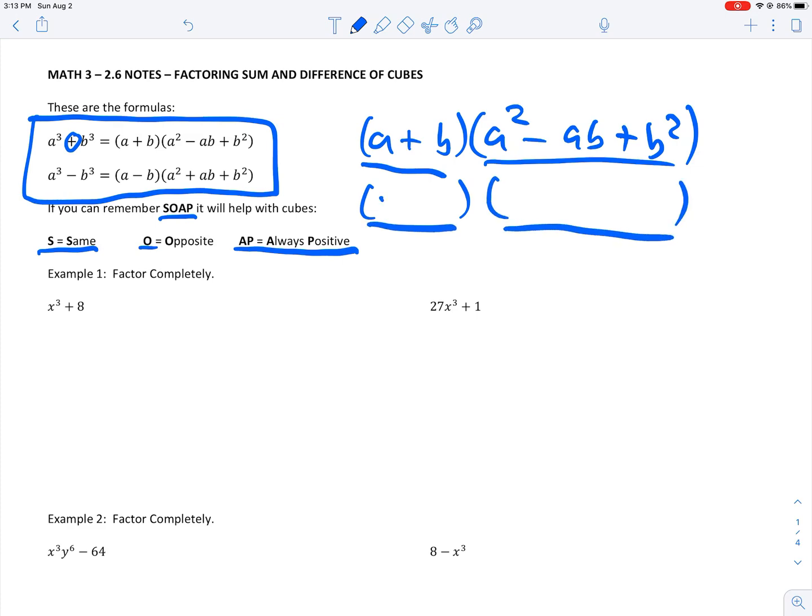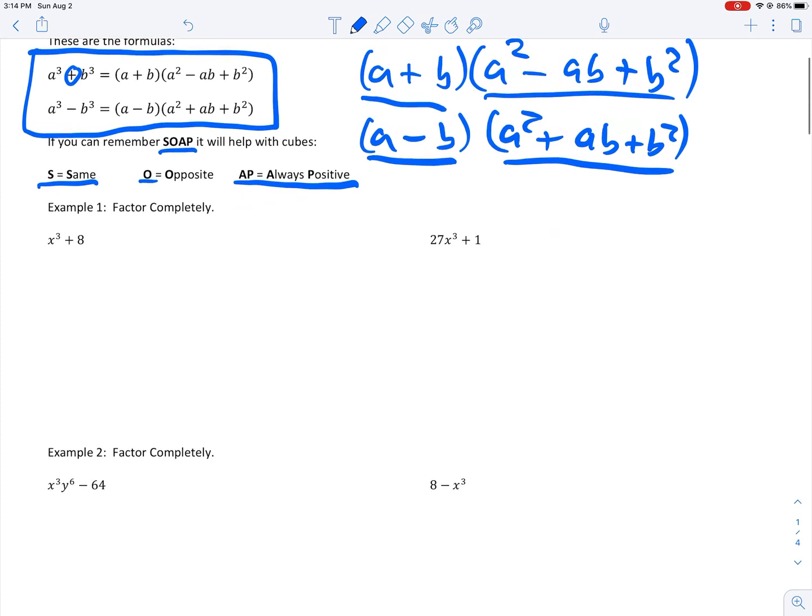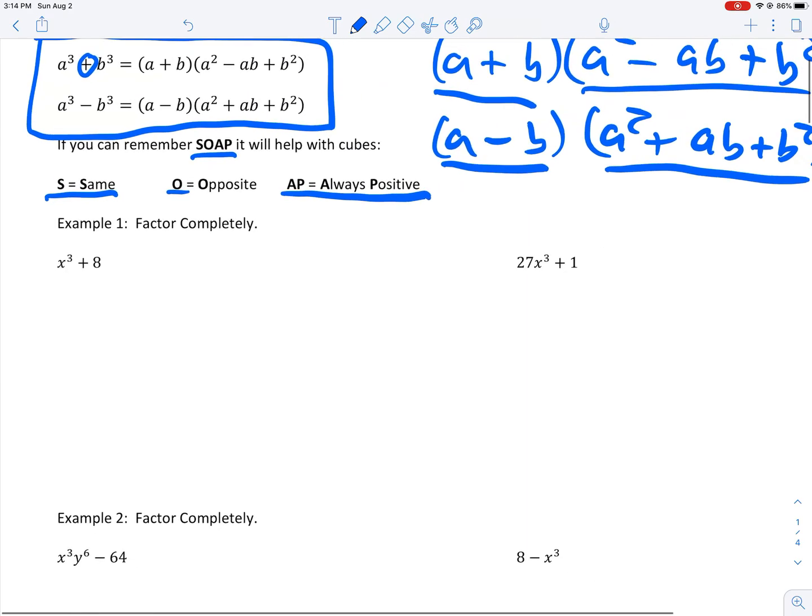So if you start off with, again, a binomial, trinomial, you have A, you have B, you have A squared, AB, B squared. That never changes. If you started off with a minus: same sign, opposite sign, always positive. And all I'm going to use are those equations over and over to do all my factoring today.